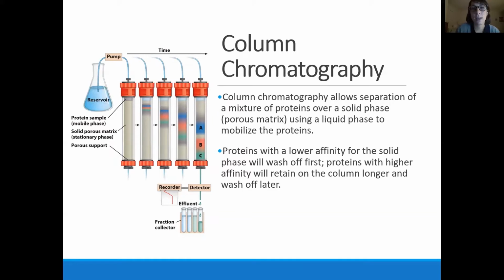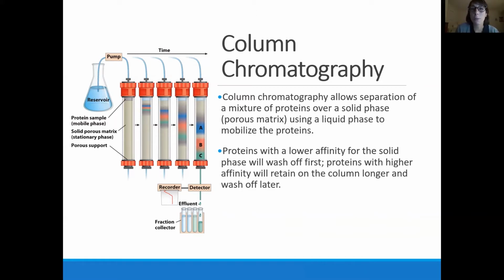Just like in organic chemistry, we usually use a column to separate out our peptides or proteins. We take a mixture of proteins and add it to a solid phase, to a column solid phase, and use a particular liquid that helps to move and separate the proteins.